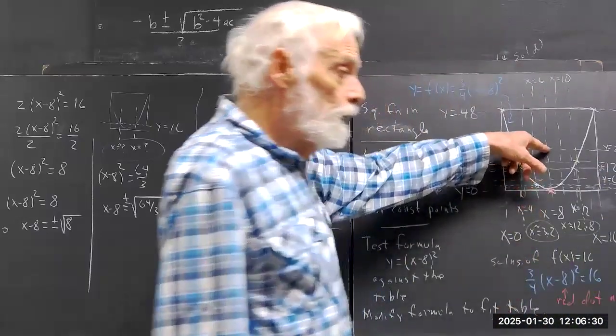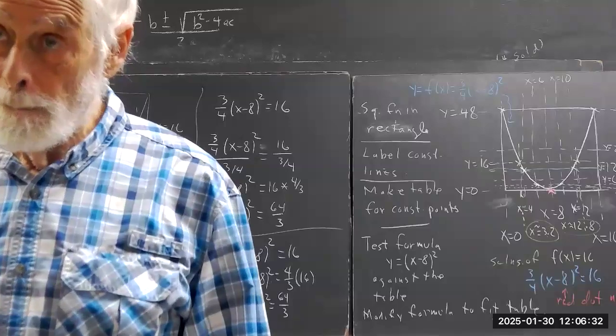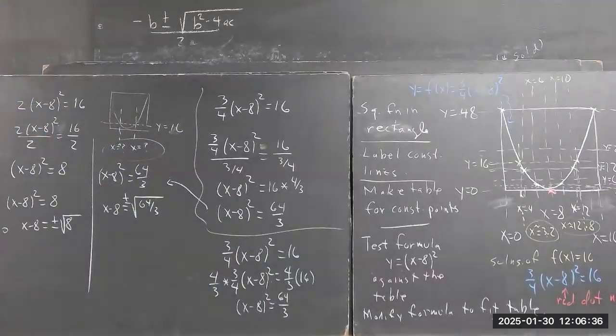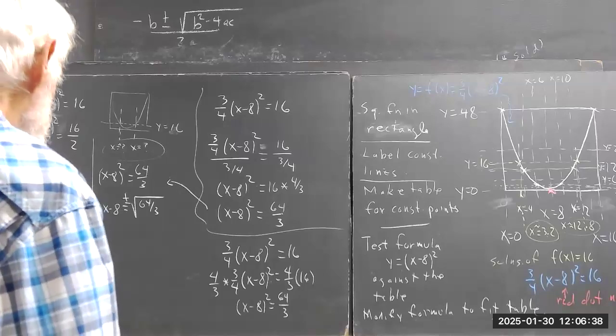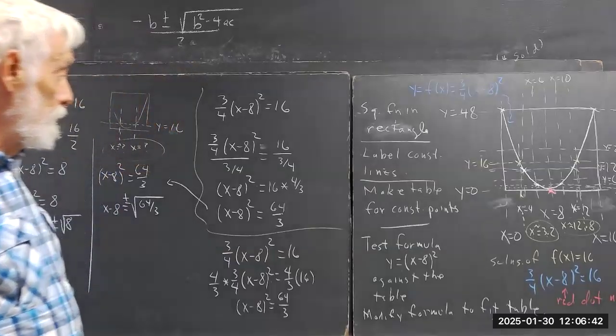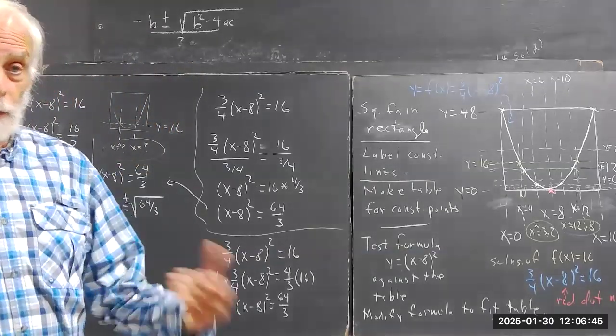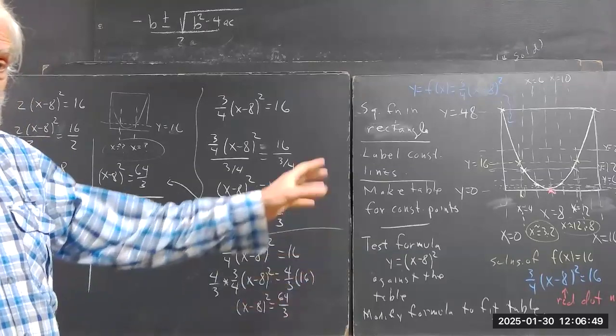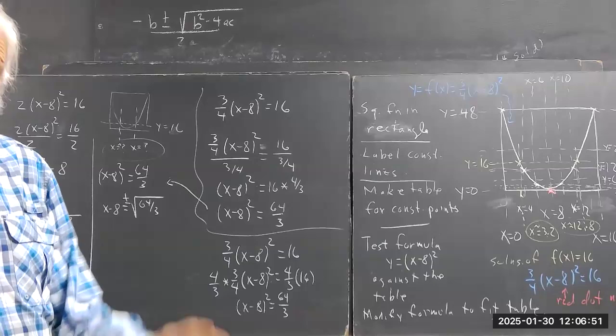Of course, this only works with the squaring function. The reciprocal function is actually somewhat easier. You just know how to do reciprocals. It's actually pretty easy to solve those equations. We won't do it today.